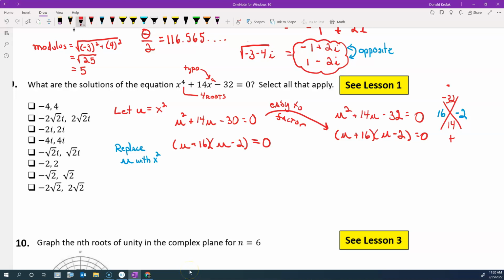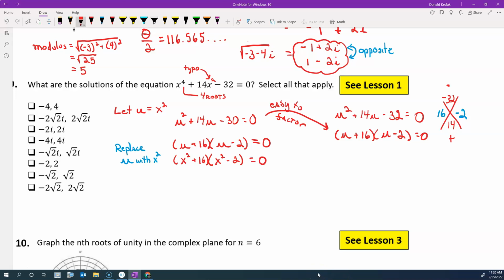So now I have u, or x squared, plus 16, and then x squared minus 2, and that is equal to 0.